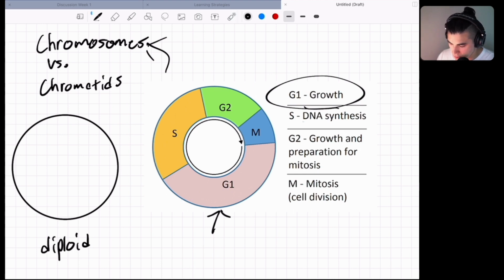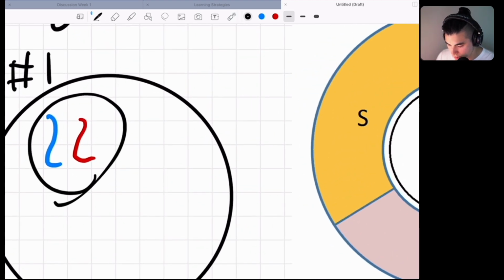So we have 23 chromosomes. Let's say we're looking at chromosome number 1, and it looks like this in the G1 phase. That's important. So chromosome number 1 has 2 homologous chromosomes.